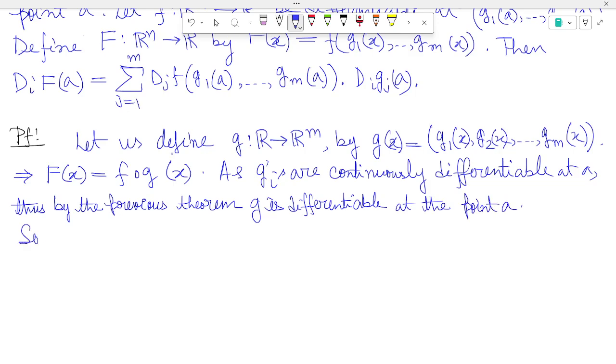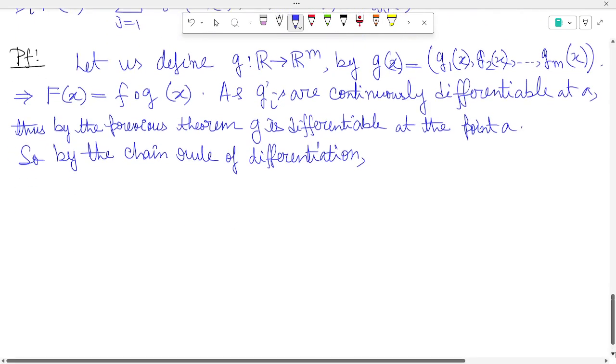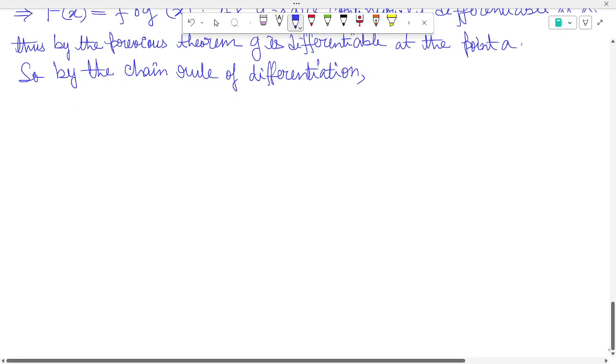Okay. So by chain rule of differentiation, what are we getting?